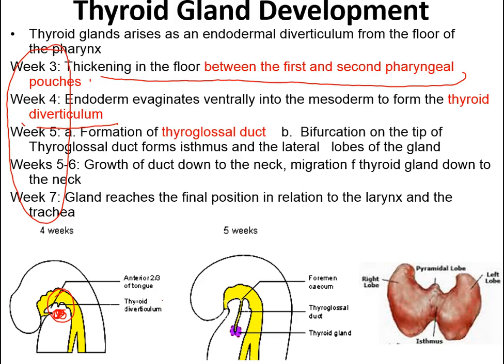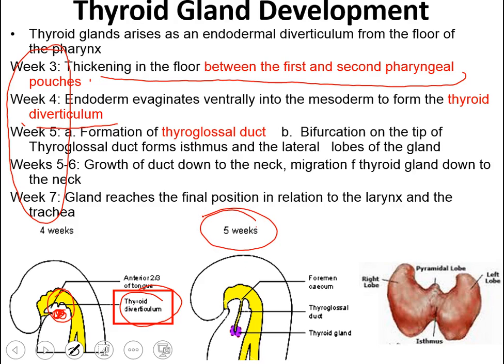The thickening of the endodermal cells grows and forms the thyroid diverticulum, which appears caudal to the median tongue bud in the fourth week of development. Within the next week, it forms a tubular duct, which is called thyroglossal duct, the tip of which bifurcates and this tissue mass grows.